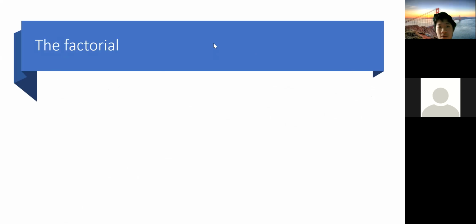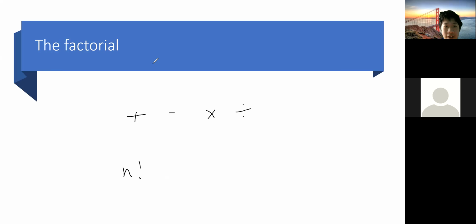Okay, so now we got to do the factorial. The factorial is a very, very common operation. It's like adding, subtracting, multiplying, and dividing. It's an operation. So what the factorial does is it takes an integer and we put an exclamation point next to it.